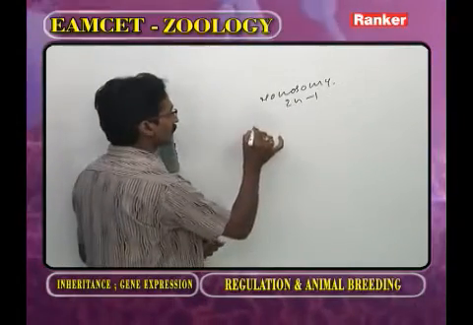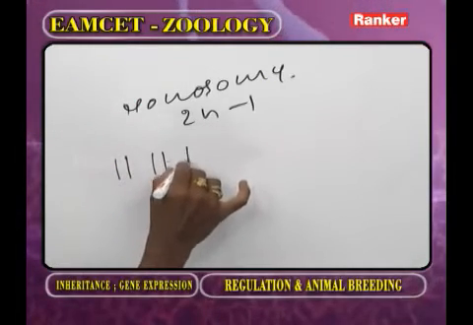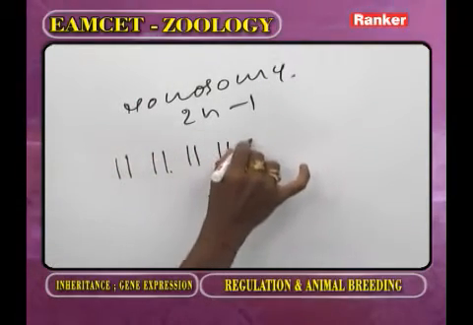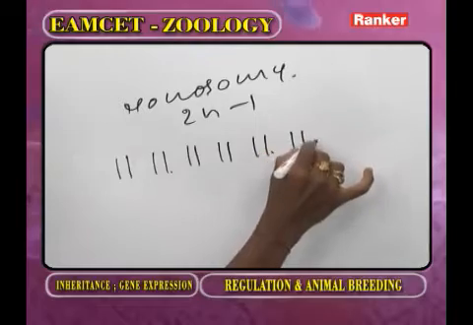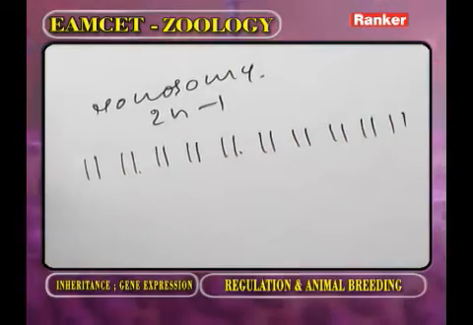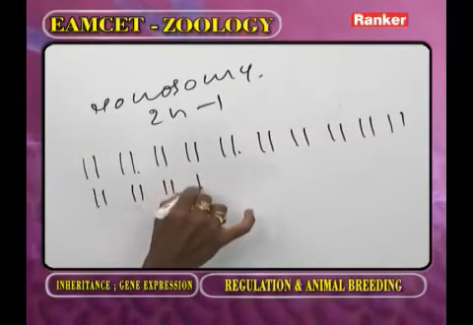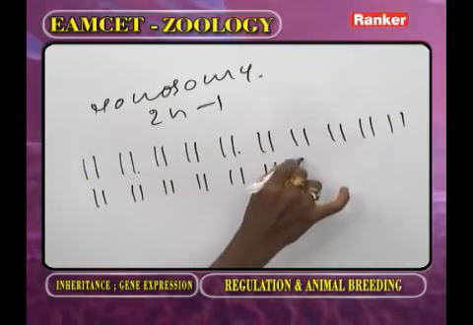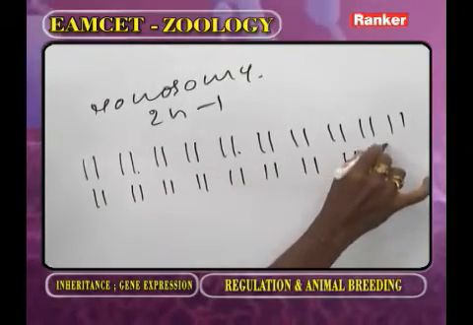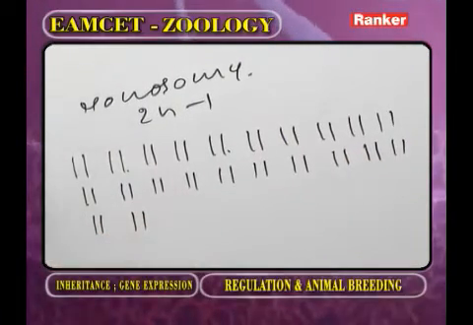For example, this is the first pair of chromosomes, second pair, third pair, fourth, fifth, sixth, seventh, eighth, ninth, 10th. 11th pair, 12th, 13, 14, 15, 16, 17, 18, 19, 20, 21, 22.